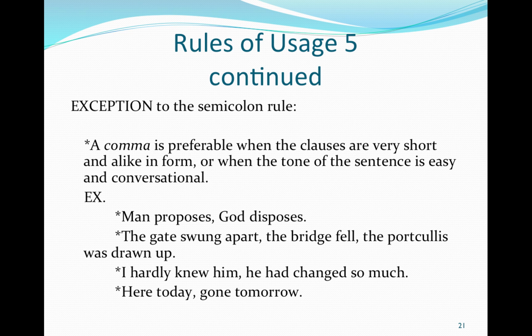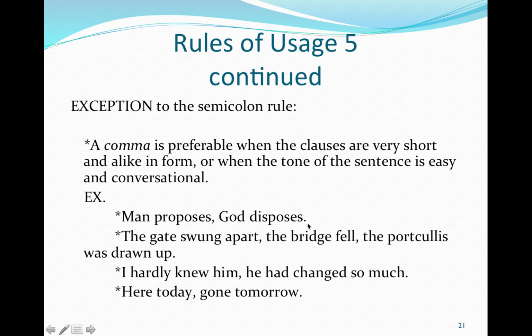Here today, gone tomorrow. Okay, if you will notice, these are examples of ways that you can omit the conjunction or the semicolon. And you can only do that if the clauses are short and so connected in form, and the tone of the sentence is very simple, and it just flows together.